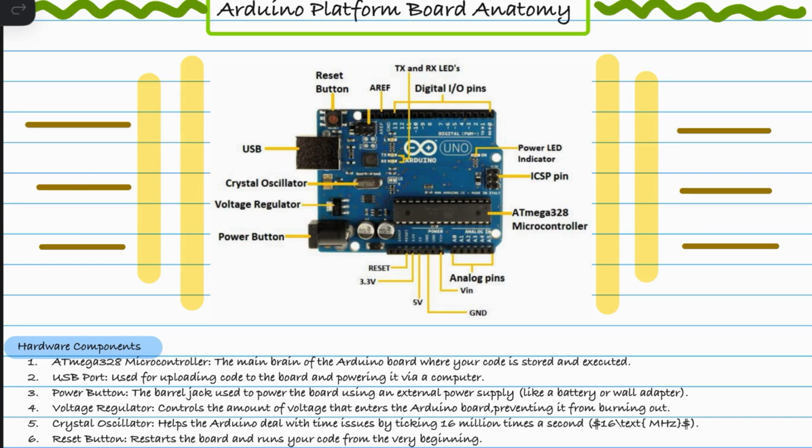The moment the board receives electricity, whether from the USB port or the barrel jack, the light turns on. If you plug your board in and this light stays dark, you know instantly that you have a dead power source or a short circuit, right?